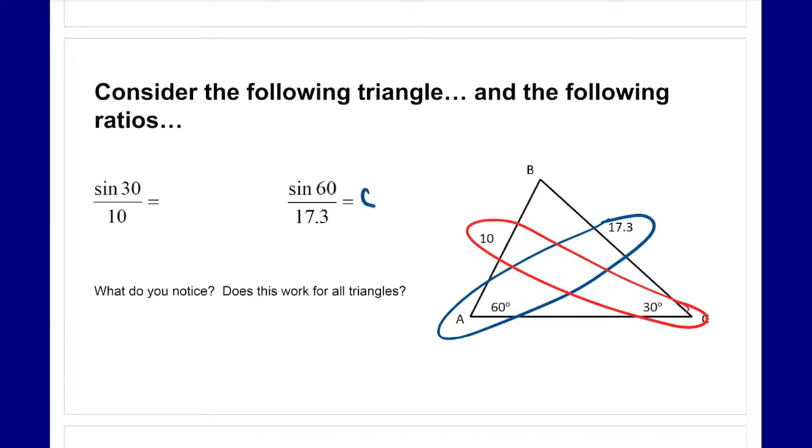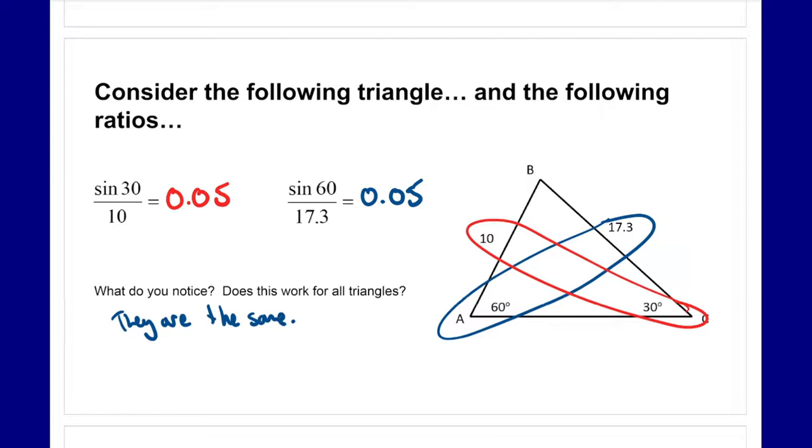We should find for that we get 0.05. And then sine of 30 divided by 10, we get 0.05. So we see that the ratios of the sides are equal. Sine 30 over 10 is equal to sine 60 over 17.3. So what we should notice is they are the same.